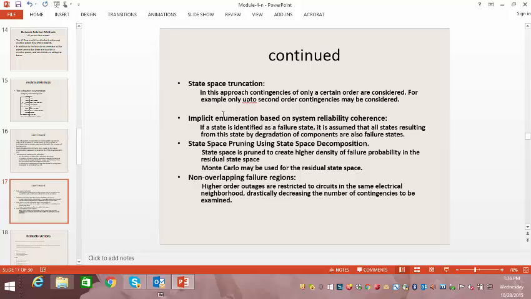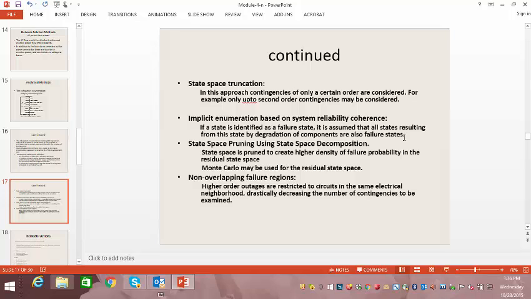The other is what we call implicit enumeration. If a state is identified as a failure state, then we assume that all the states resulting from this state by degradation of the components are also failure states.